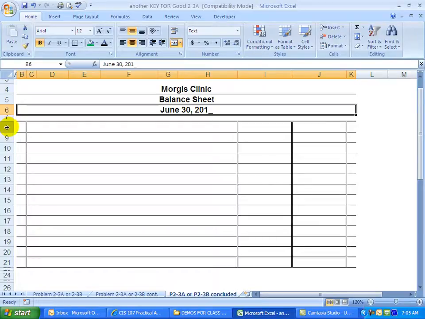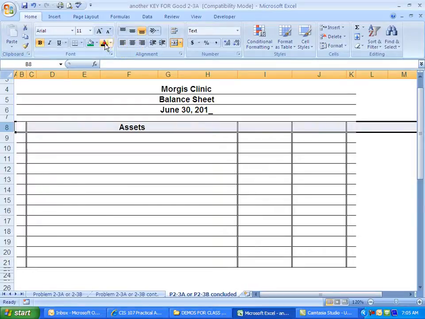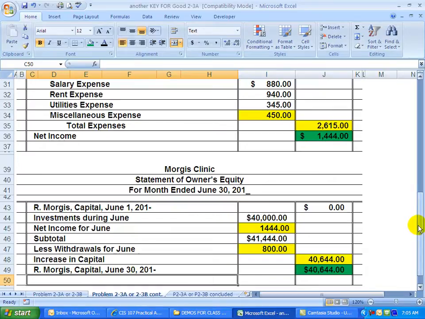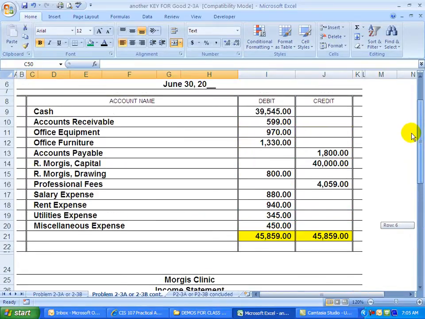Because of tradition, someone decided that this category is going to be centered with no colon. So first thing we're going to do is list all of our assets. Now the assets, again, we're going to get from the trial balance, which are these right here: cash, accounts receivable, office equipment, and office furniture. These are our 4 assets.